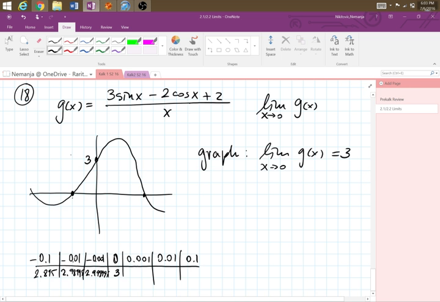From the other end, we have 3.000995, 3.00995, so one zero less.